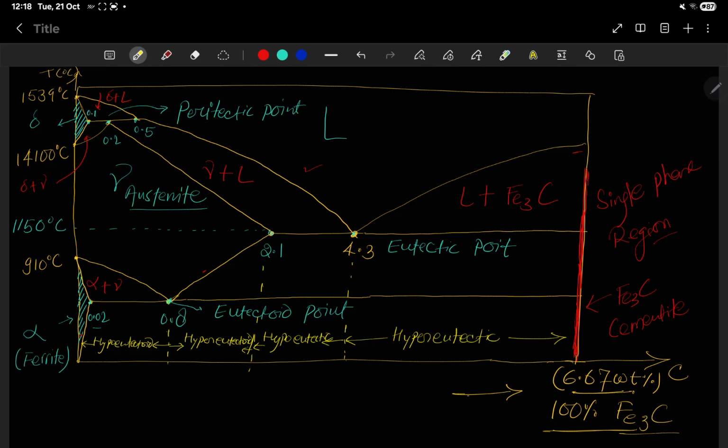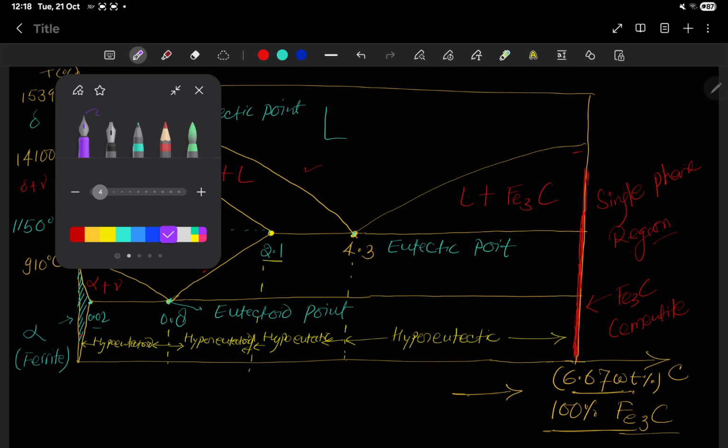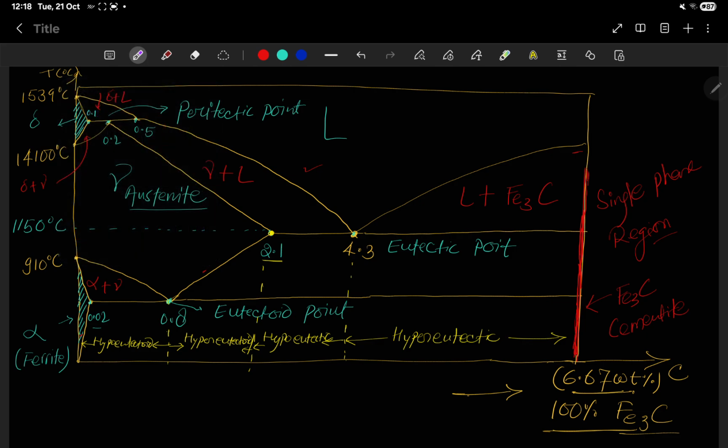Now, one interesting property which we can observe from this figure. If we focus on this 2.1 weight percentage of carbon, the region which is less than 2.1 weight percentage of carbon is termed as steel.